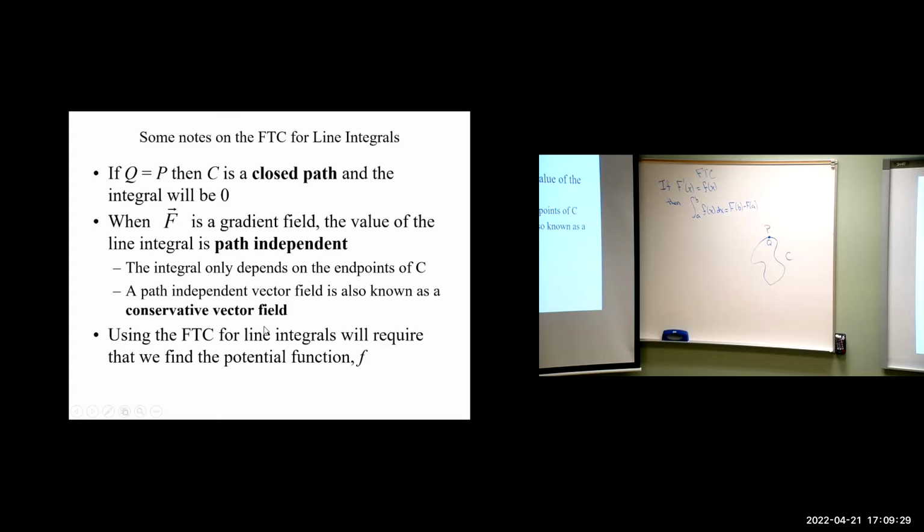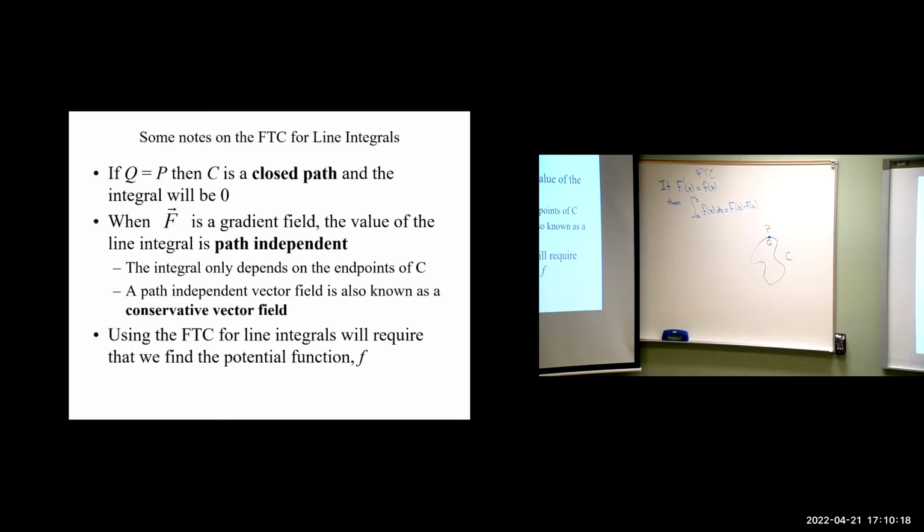Now, what's nice about this is we did this on Thursday, I believe, last week. We figured out how to determine if a vector field was conservative, and we did a couple of them on the worksheet. You remember what we had to do? We had to show the curl was equal to 0. So here's what's cool.